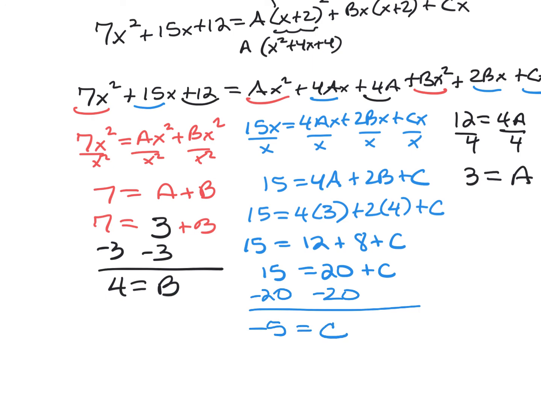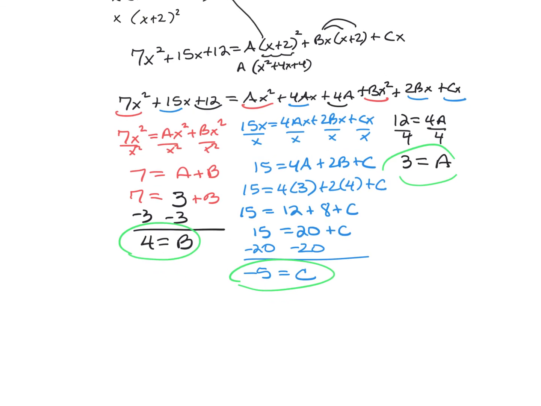So again, points for this part, where now that I have my 3 values for each of these numerators, or these constants, I'm going to plug them back in. So the a goes on top of the x, so 3 over x.